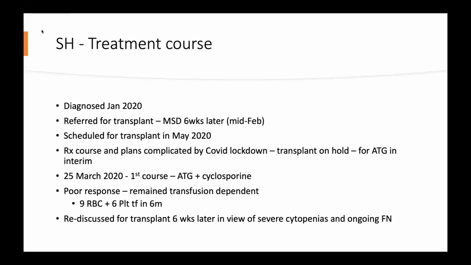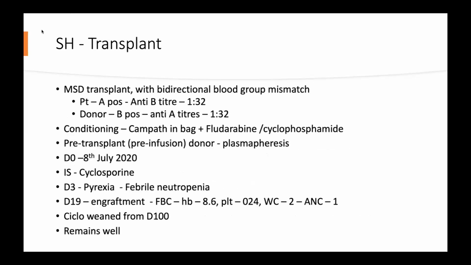Unfortunately, he had a poor response and remained transfusion dependent, requiring 9 packed cells and 6 platelet transfusions in 6 months. He was rediscussed for transplant in view of the cytopenias and ongoing febrile neutropenia, and this was 6 weeks after the ATG. So eventually we did get him to transplant.